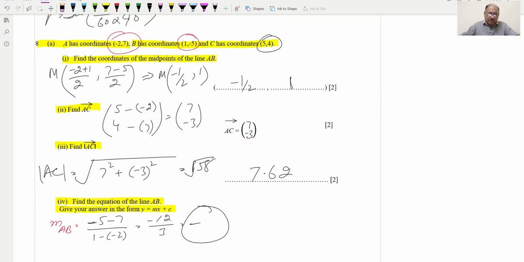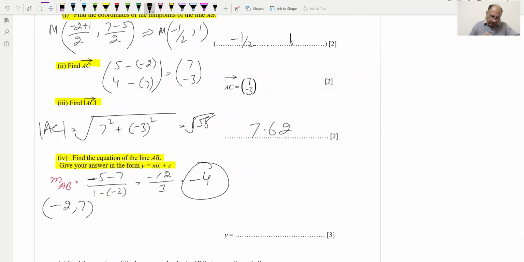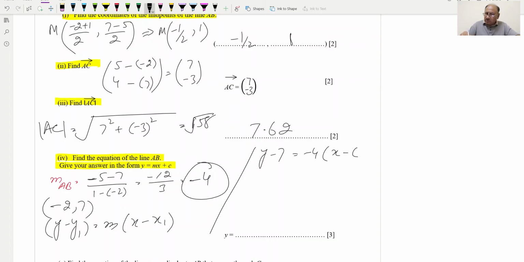And the point they are saying AB. We can take any of the points, so I'm taking A point, which is minus 2 and 7. We will write the equation in point-slope form: y minus y1 is equal to m into x minus x1. So y minus 7 is equal to minus 4 into x minus minus 2.